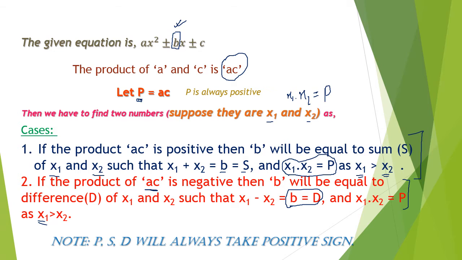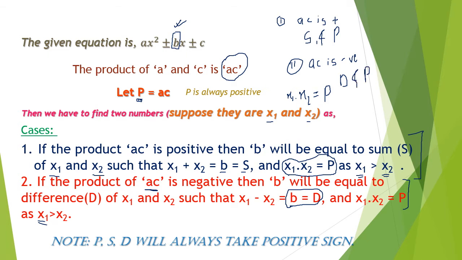Now it's very simple. If we summarize it, then if AC is positive, we have to find S and P, and if AC is negative, we have to find D and P. D means the difference of two numbers.